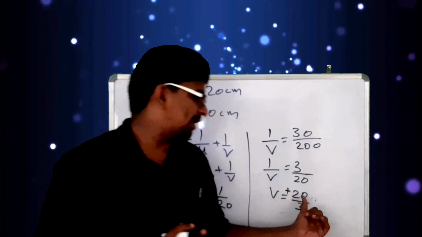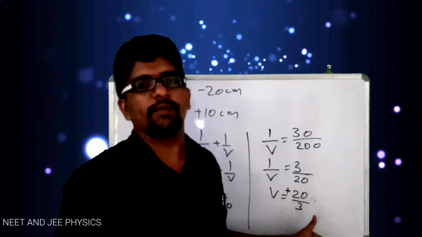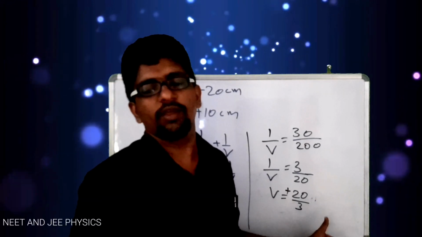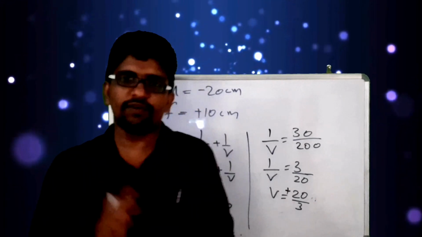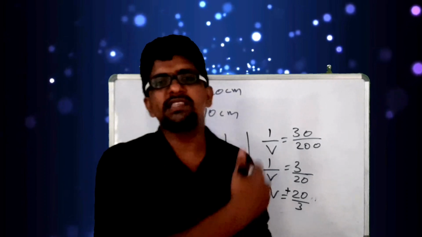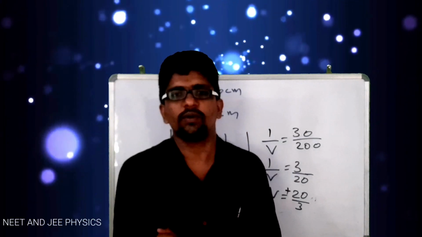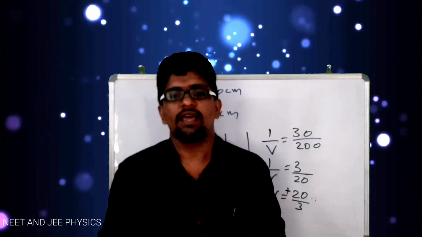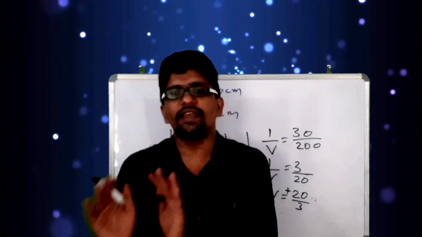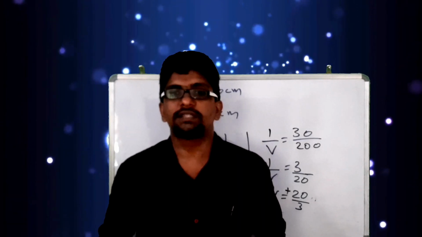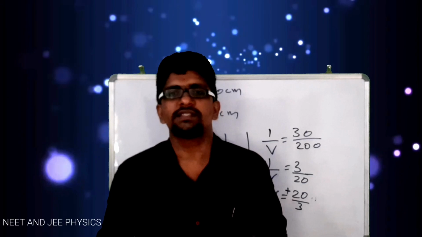So positive 20 divided by 3 indicates that it's a virtual image, because the image is formed behind the mirror. So the answer is virtual and at 20 divided by 3 centimeter from the mirror. C is the answer.